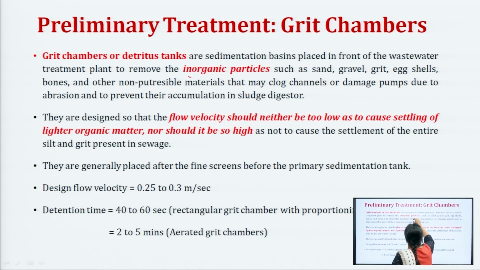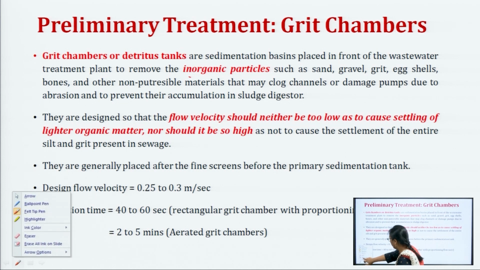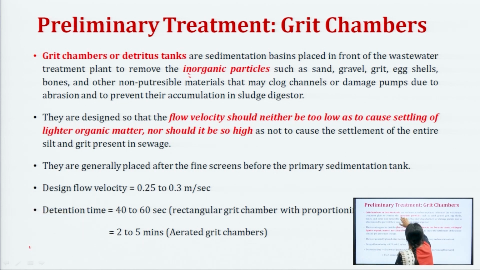What you have to remember is that they remove inorganic particles such as sand, gravel, grit, eggshells, bones and other non-putrescible material that may clog channels or damage pumps due to abrasion, and to prevent their accumulation in the sludge digester.